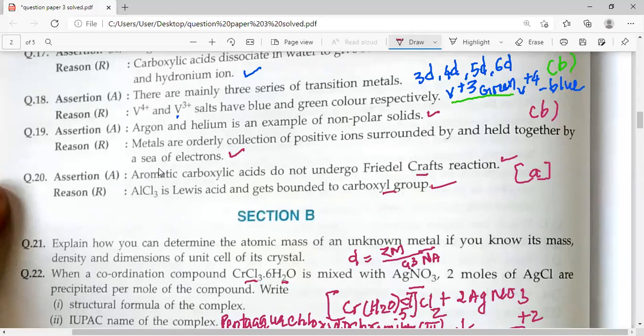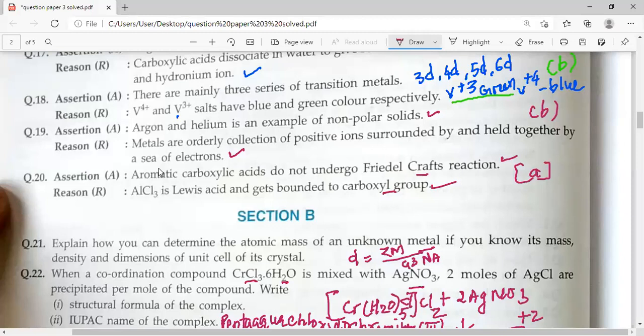Now if you look into the next question, question number 19, we have assertion A: Argon and helium are examples of non-polar solids. We are very well aware that argon and helium are inert gases, and they do not create any polarity, so they are non-polar solids. Reason R: Metals are an orderly collection of positive ions surrounded by and held together by a sea of electrons.